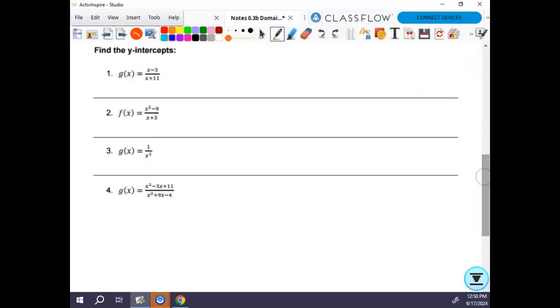Let's look at our y-intercepts. So again, the first thing we would do is factor and reduce if we can. I can't factor or reduce. So the y-intercept happens when x is 0, so I need to find g of 0. That's going to give me 0 minus 3 over 0 plus 11.